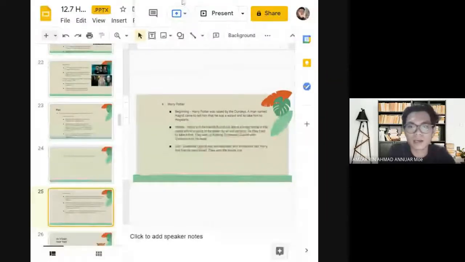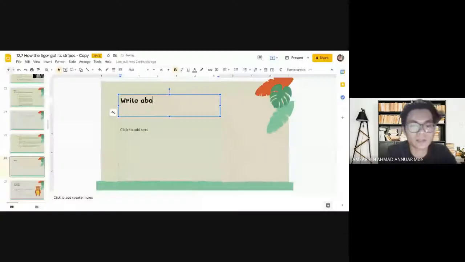In how the tiger got its stripes, write about the elements of how. Yang ni awak salin tiger, yang lain tu awak salin kemudian.